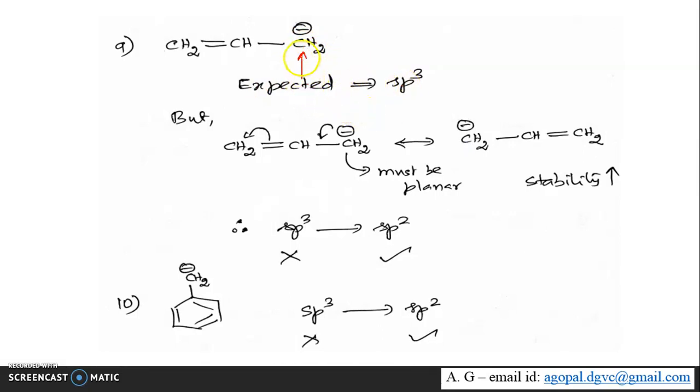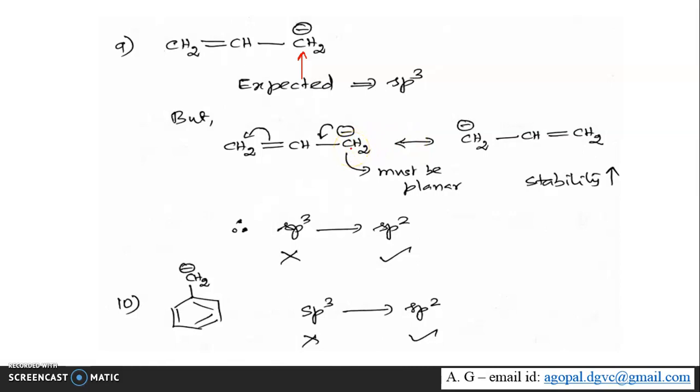In order to gain extra stability, this ion exhibits resonance. Okay, this is the resonance structure. You know very well, for any species to show resonance, all the atoms involved in resonance should be planar. So around this carbon atom, planarity must exist. Otherwise, this resonance is not possible.